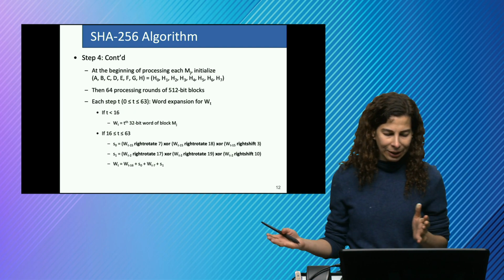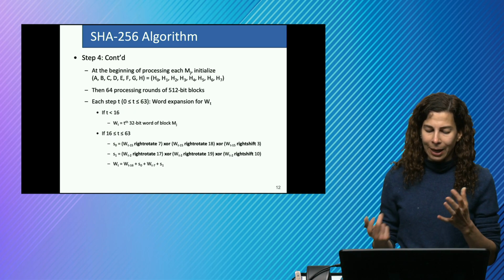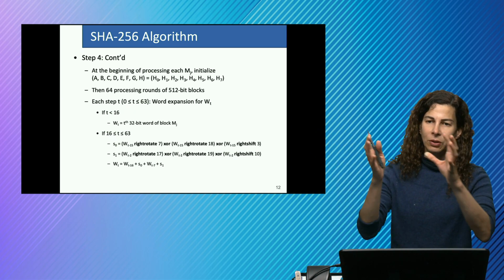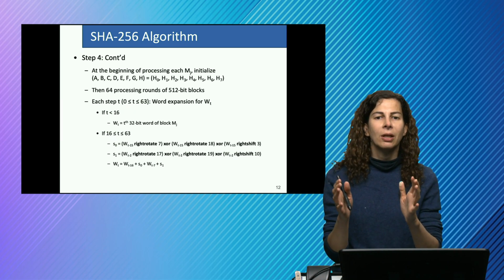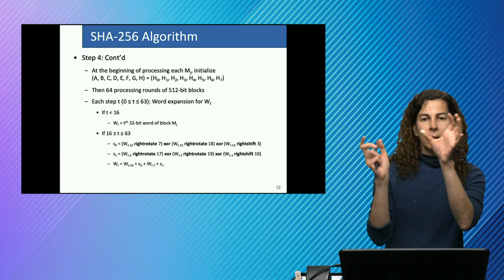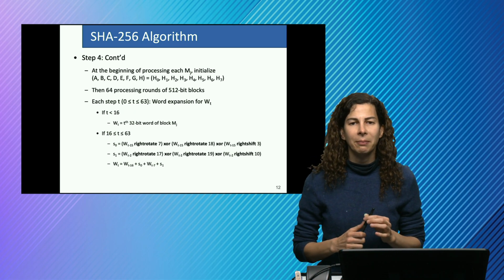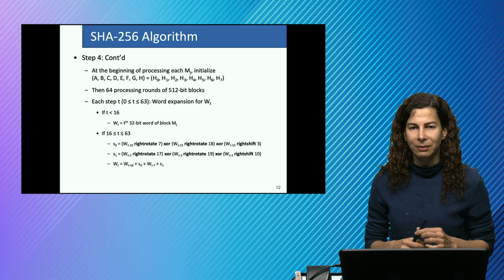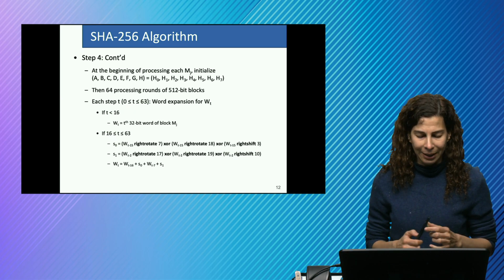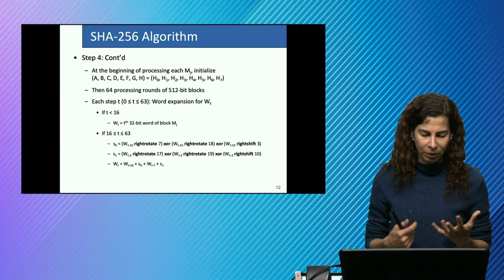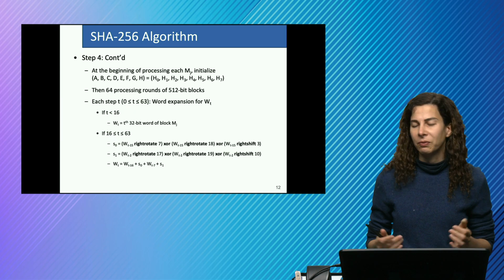And if you're more than 16, what happens is that we are going to have an algorithm which takes some of these chops of the message, which are 32-bit chops, and it's going to rotate among these chops and XOR them, and then basically either right rotate or XOR. So these are the two main algorithms that are done, and then it's going to add some of these values.